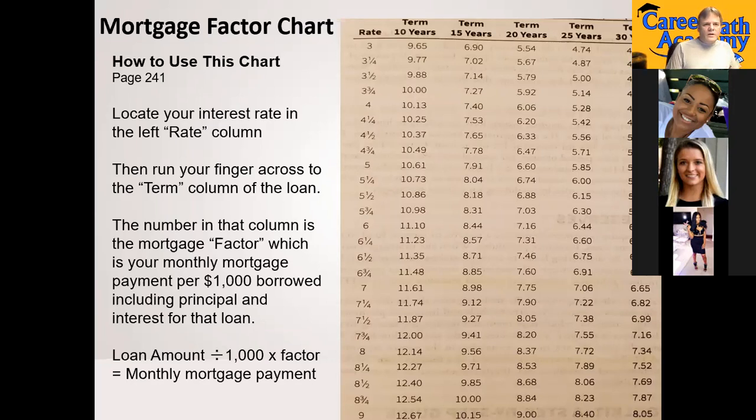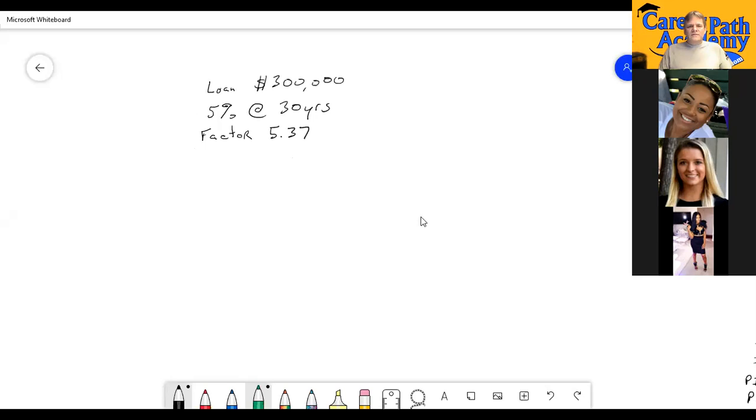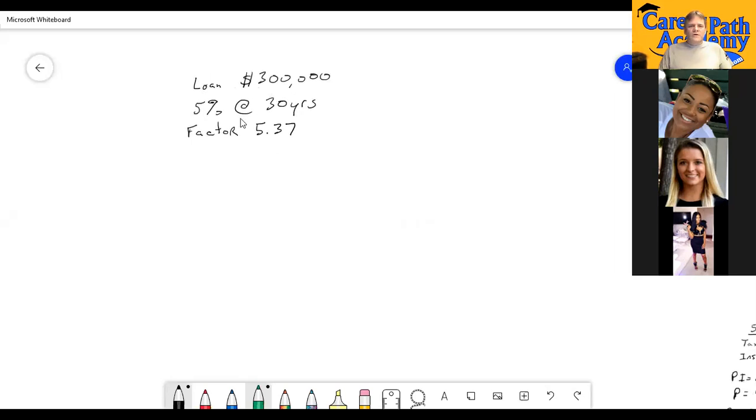We have a loan amount of $300,000, that's the loan amount, not the purchase price, at 5% interest at 30 years. The factor, you all just figured that one out, so I'm going to write down what the factor is, 5.37. You see this? Yep. All right. $300,000 loan, 5%, 30 years, factor is 5.37.